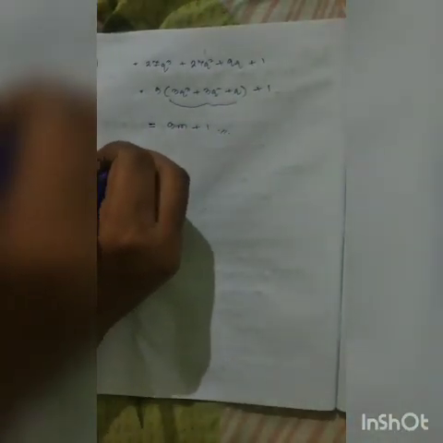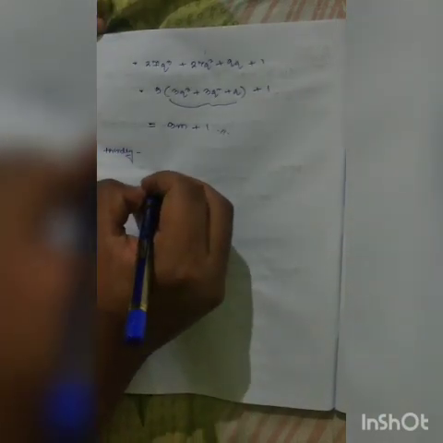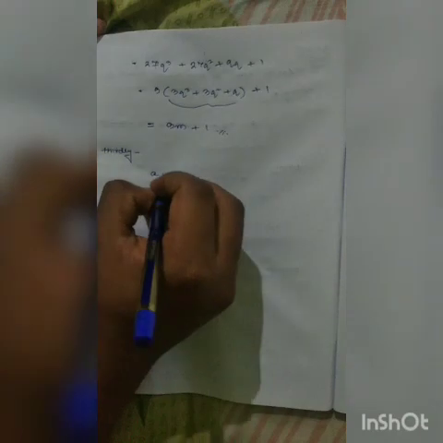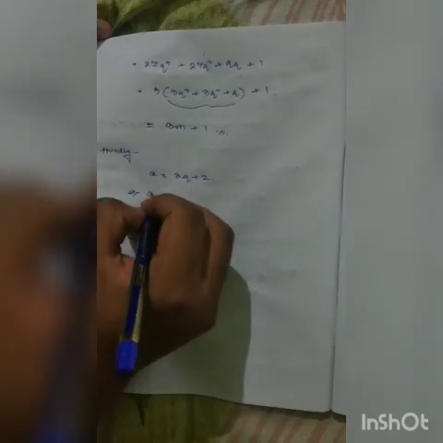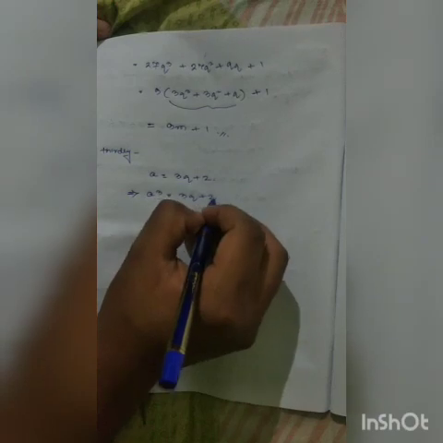So now we try it for the third one. So a is equal to 3q plus 2. That is, if we cube it both sides, a cube is equal to (3q plus 2) cube.